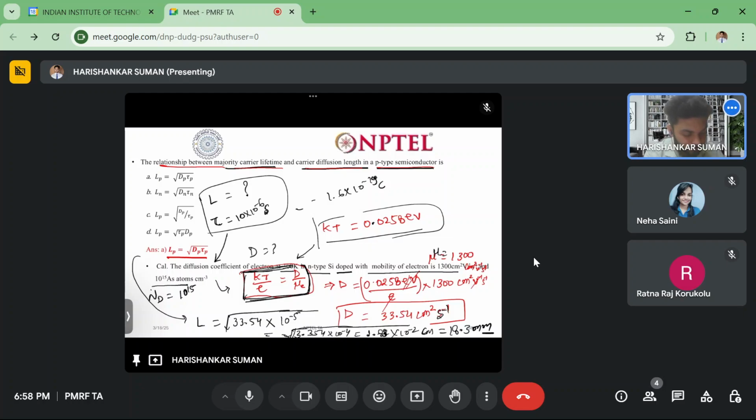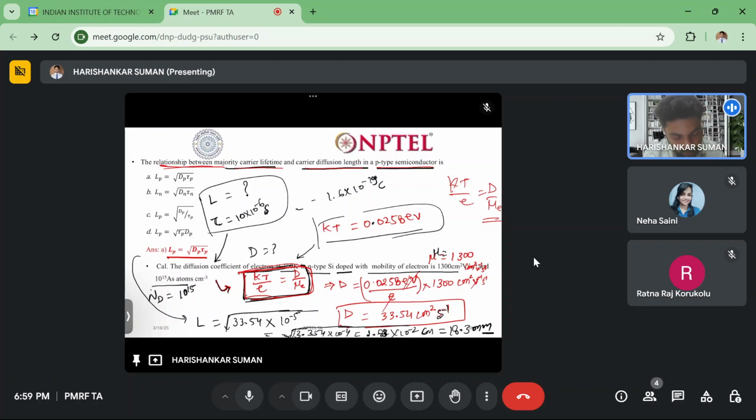We know the Einstein relation, kT by q equals D by mu. For this question we want the D relation.